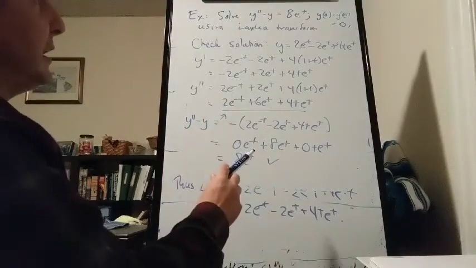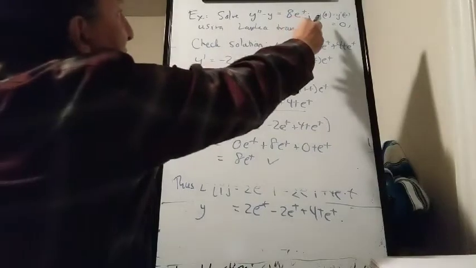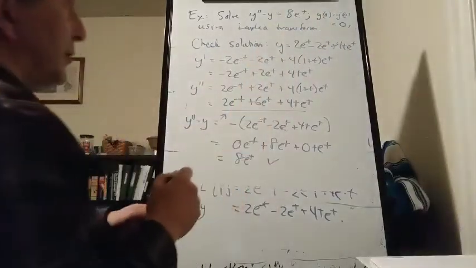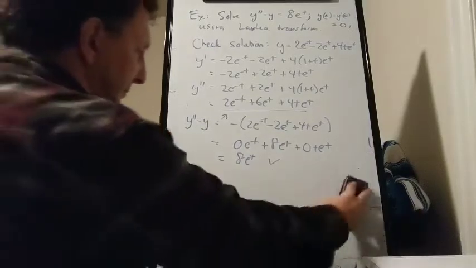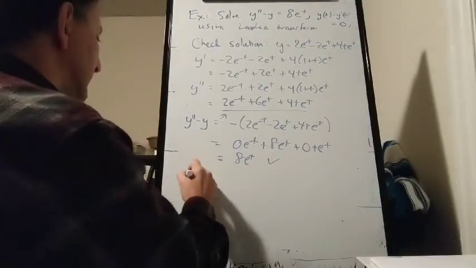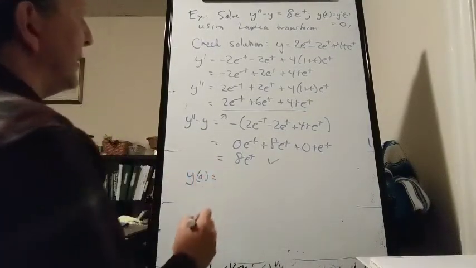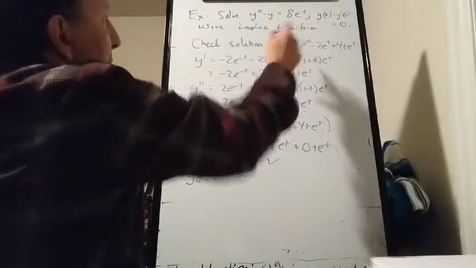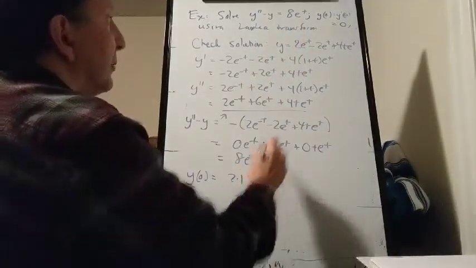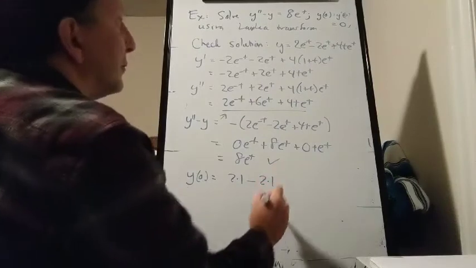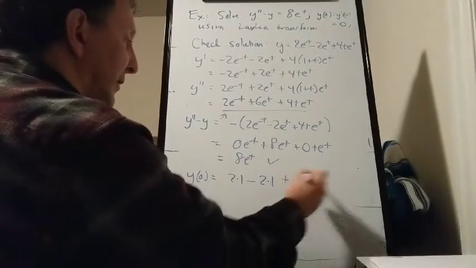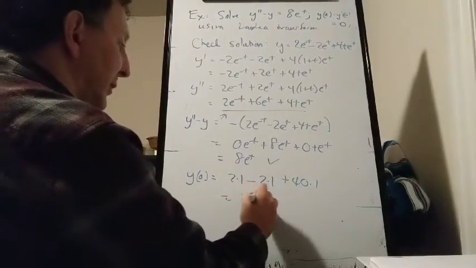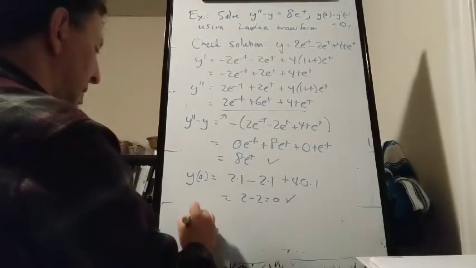And supposedly, if we plug in 0 to y and the derivative, we get 0. So maybe we'll just check that. Y of 0 is 2 times 1 minus 2 times 1 plus 4 times 0 times 1, that's 0. So we've got 2 minus 2, which is 0.